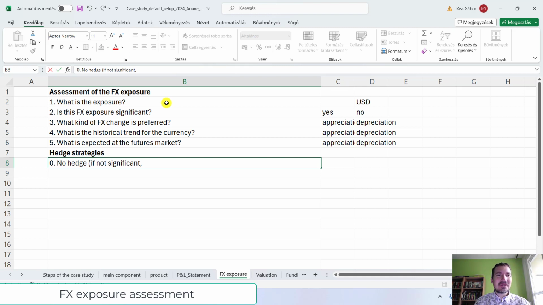But come on, that's obvious. Then the next thing is if the foreign exchange rate moves in the preferred direction.